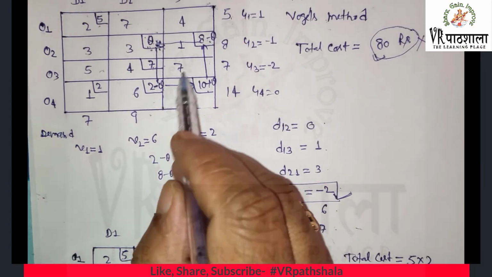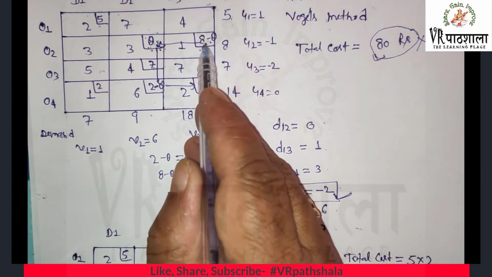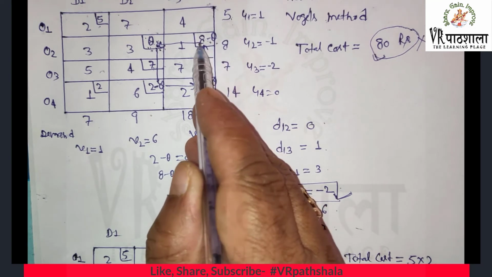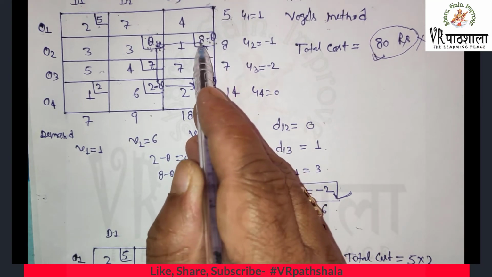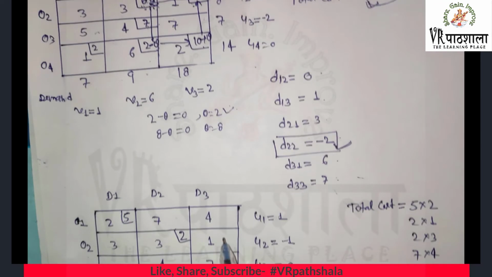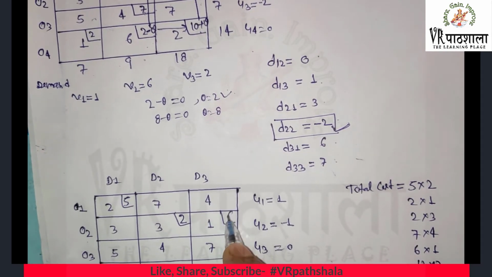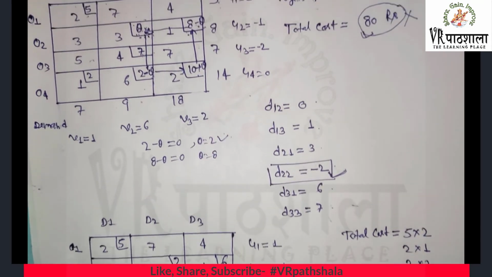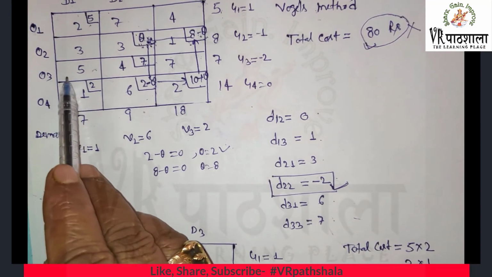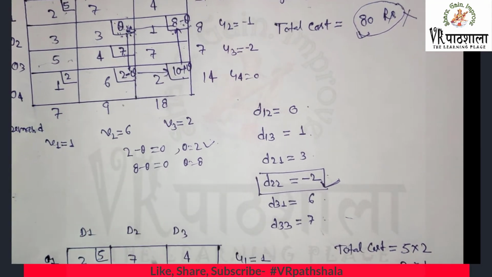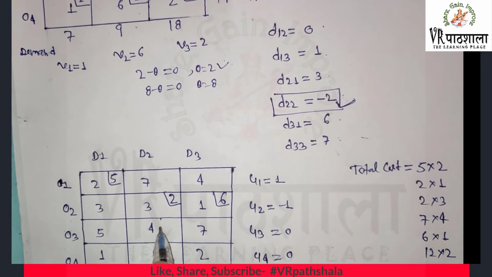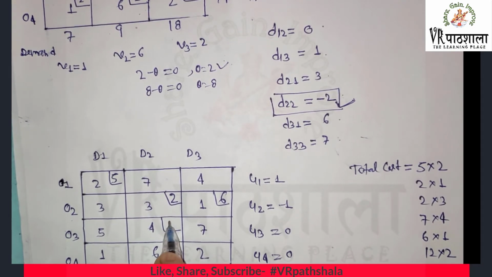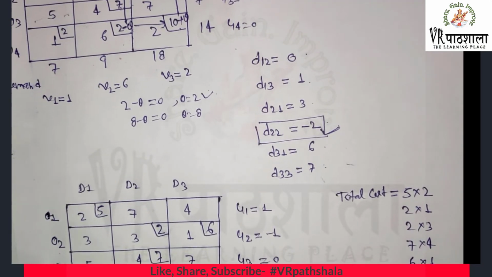Now here 8 minus theta, with theta 2, so this allocation changes: 8 minus 2 is 6. So the allocation is now 6 units. Now in the third row there is no change, so the allocation for this cell is the same, 7.